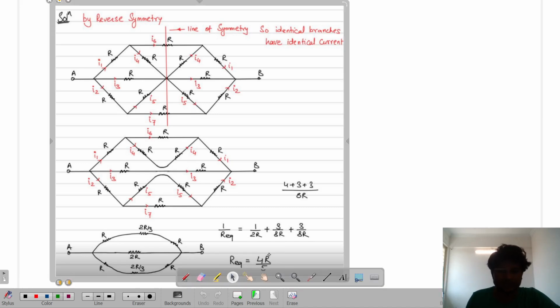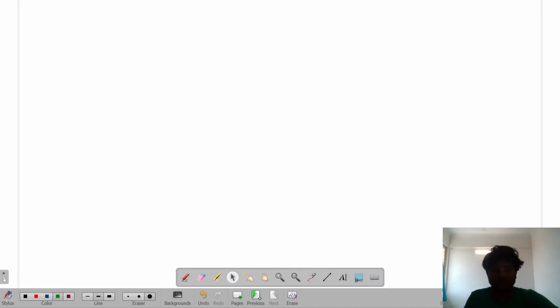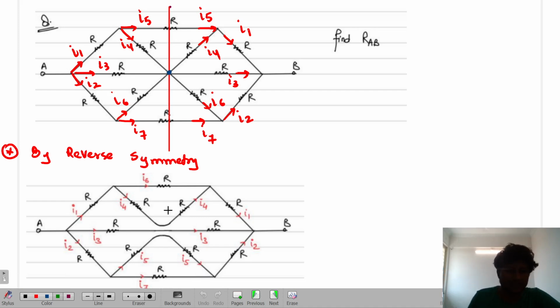The point is very simple. Let me delete this. This is R and R, so two are in parallel with R. How much will I get? 1 by 2R plus 1 by R.